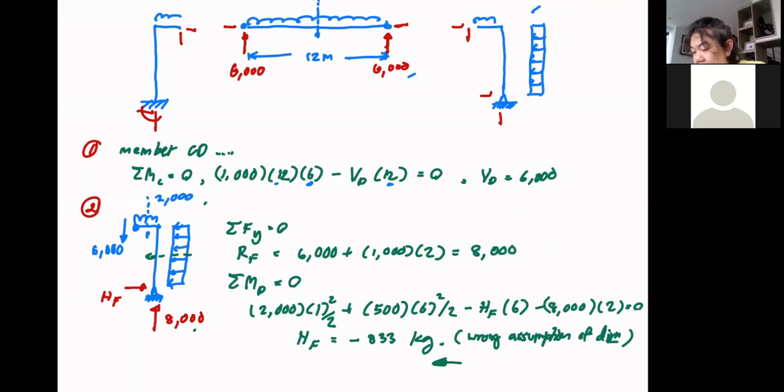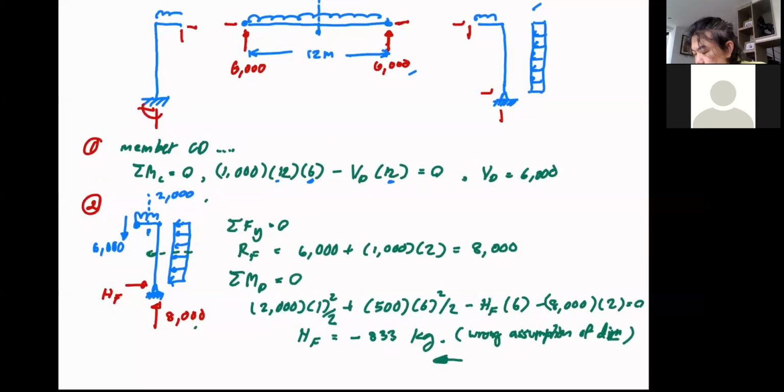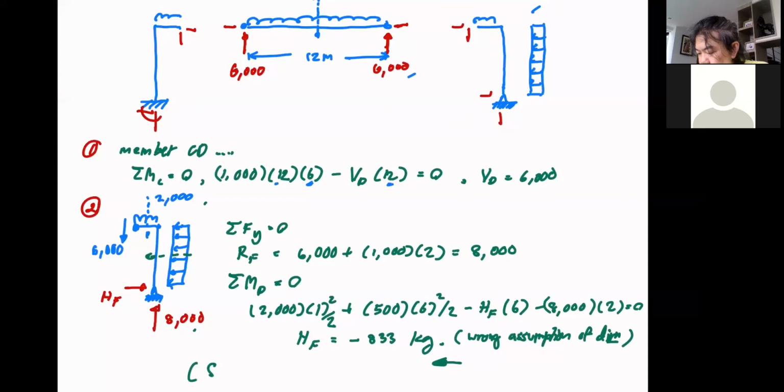If you don't believe that, you should try sigma MF equal to 0 to obtain, say, this force. Okay, what should I call it? Maybe HD. Okay, I should remove this.